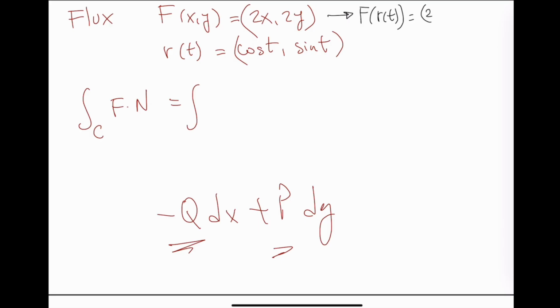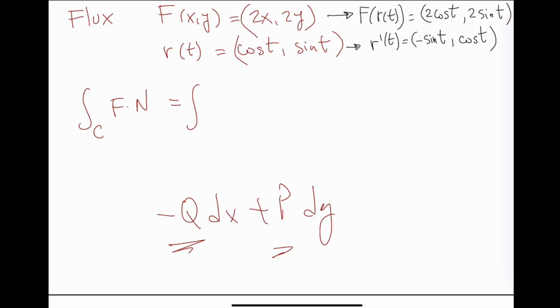So in this case it will be 2 cosine t and 2 sine t. So that's the evaluation of the vector field at the curve. And the other thing that we need, as always, is the derivative of the curve. So in this case, the derivative of the curve is minus sine, and the derivative of sine will be cosine.